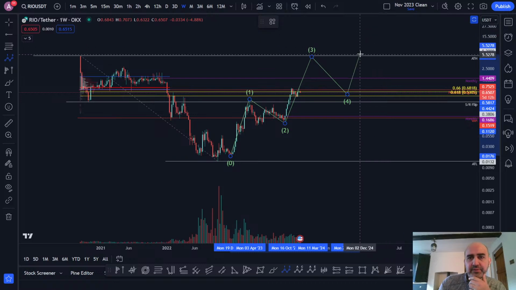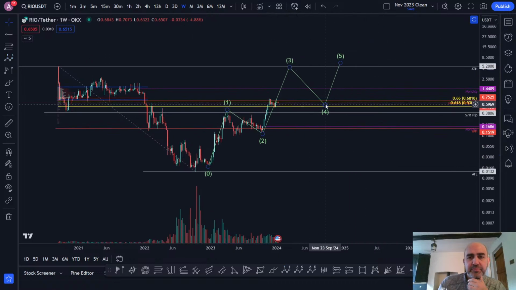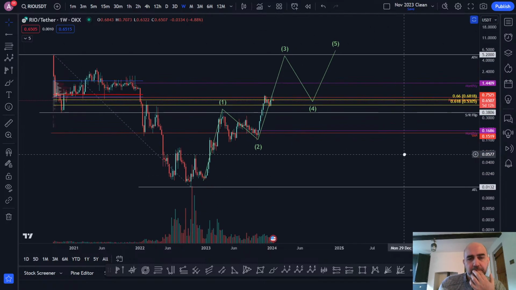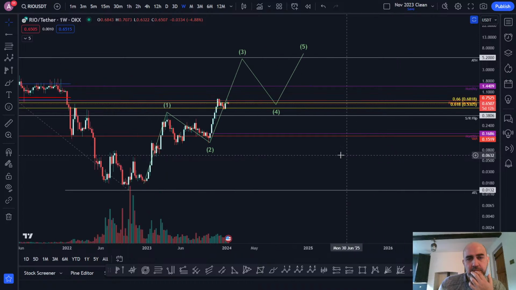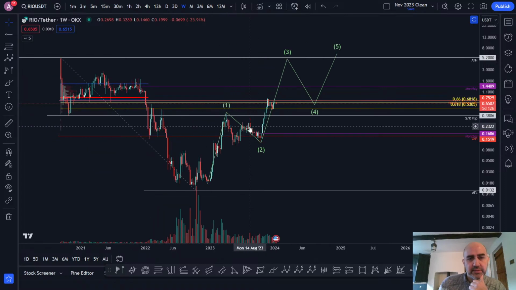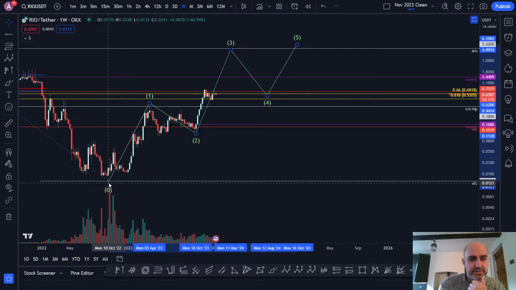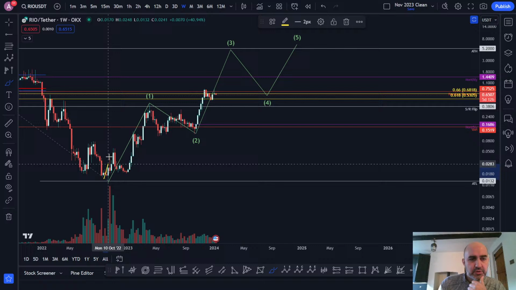Don't know how far this will get. This could be a wave 1. This whole thing could be a wave 1. So we're kind of halfway through 3 right now, according to this. This is correct. This looks correct. The 1 starts down here because you have a 1, 2, 3, 4, 5, A, B, C.